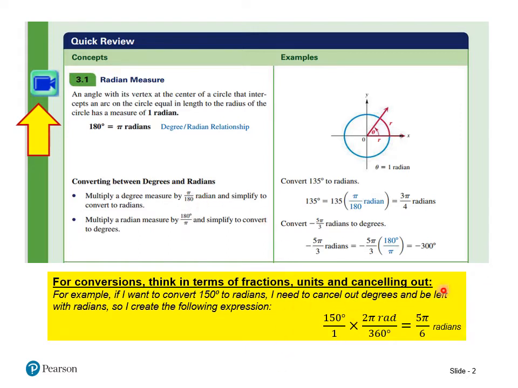But here I just feel like this is information that's stuck in my mind. I know that a revolution is 360 degrees. I know a revolution is 2 pi radians. So it's easier for me to remember this than to say, oh, multiply by pi over 180 or 180 over pi. If I try to remember these formulas, then it's easy for me to pick the wrong ratio, pi over 180 versus 180 over pi.